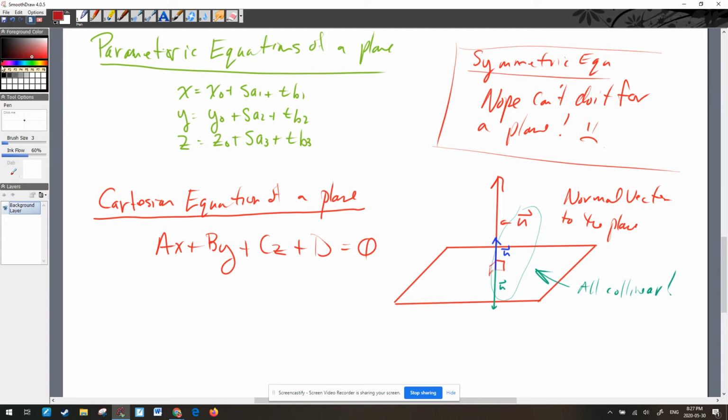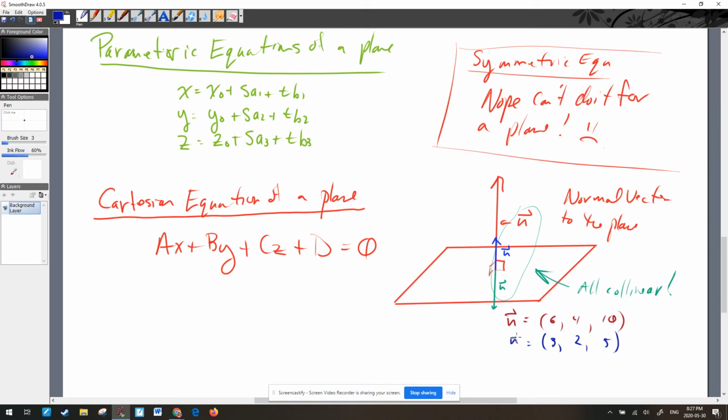Let's go get red again. So the red N might be 6, 4, 10. And then the blue N, maybe it's only half as big. So maybe it's 3, 2, 5.